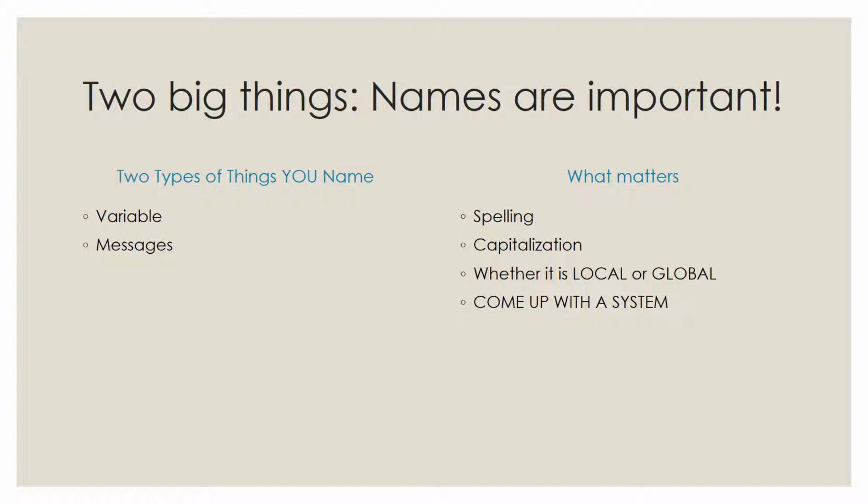This is why you have your Scratch piece of paper, to keep up with your variables and your messages and what they are and how they are being used. You are the one writing the program. You have to keep up with it. So spelling capitalization matters, but also whether it is local or global. Do come up with a system that works for you. This is probably one of the most important concepts that you'll learn, especially as you create a multi-level video game.